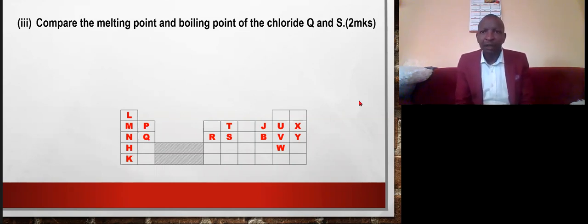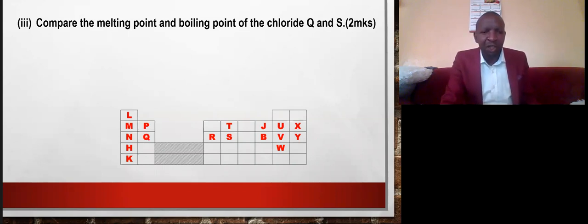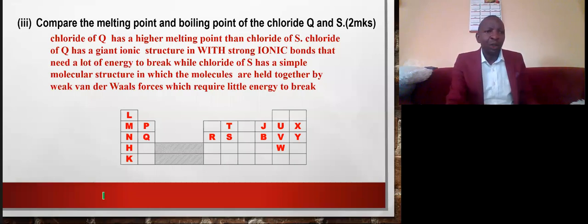Does silicon have a simple molecular structure? Yes, silicon chloride. Okay. So just to remove the confusion in this kind of scenario, let me first of all give you the answer. The chloride of Q has a higher melting point than the chloride of S. That's the starting point.